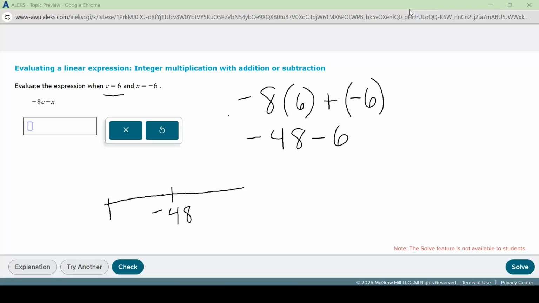So I think about it like this. Add 48 and 6 together. And what do you get? It would be 54. But because it's negative, it's going to be somewhere over here to the left. So it'd be negative 56. Or sorry, 54. And you can put an equal sign there if you like.